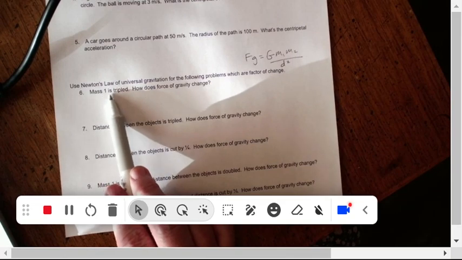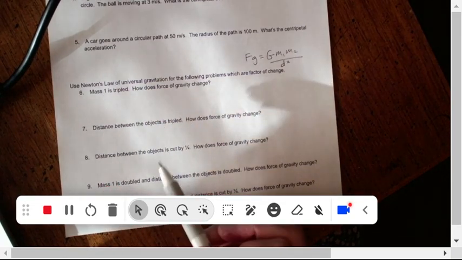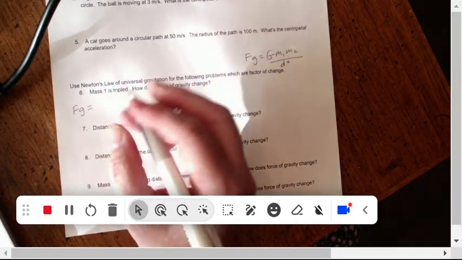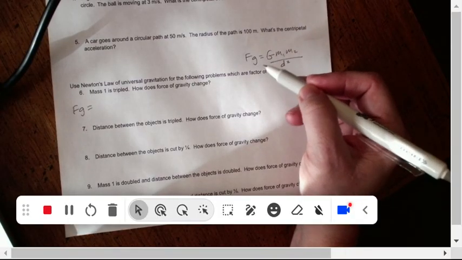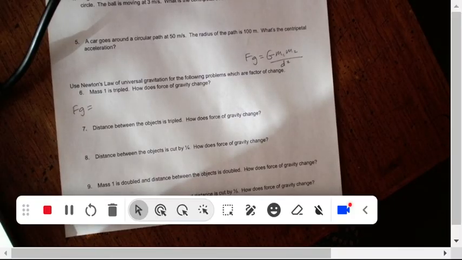So, like for example here, mass 1 is tripled. How does the force of gravity change? What we do is we pretend everything equals 1. And we don't have to worry about this constant when we do this, because it's the same regardless of the situation, because it's a constant.